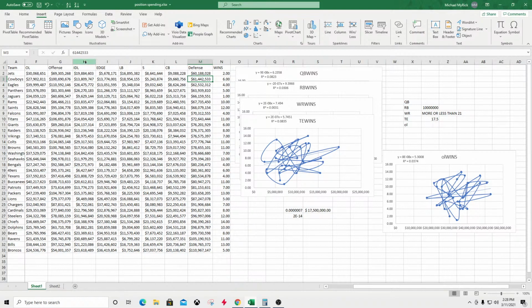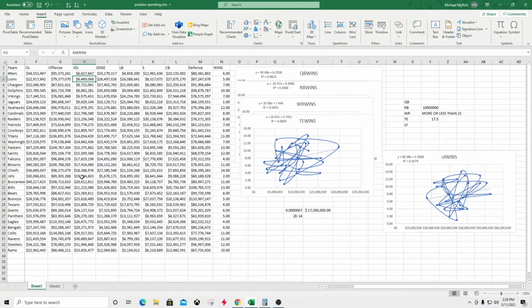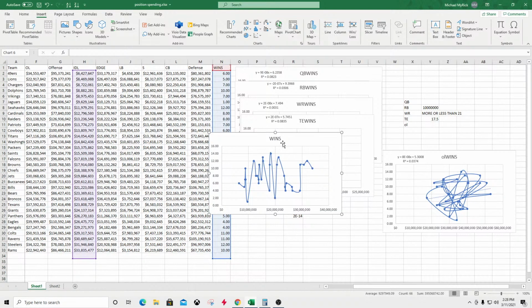Alright, offense. Interior line. Rams, yep. I don't know, it looks like a definite sweet spot. You've got the Rams and these bottom people messing up.